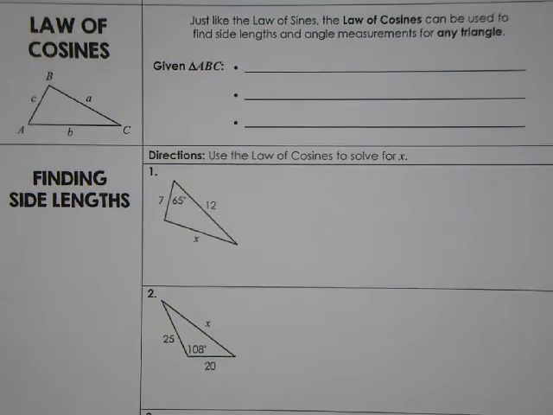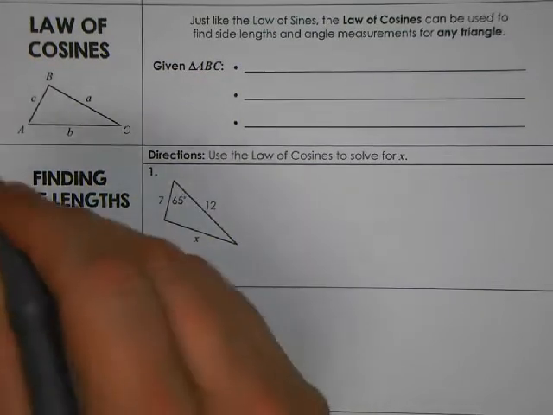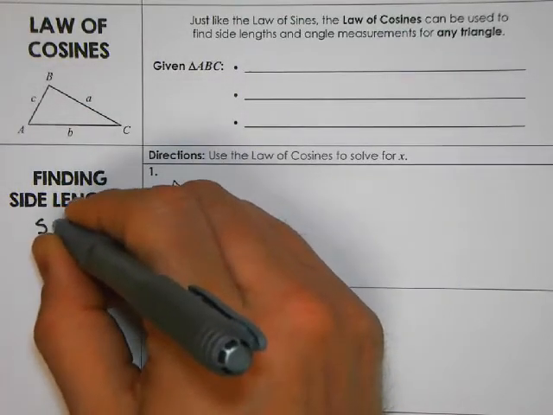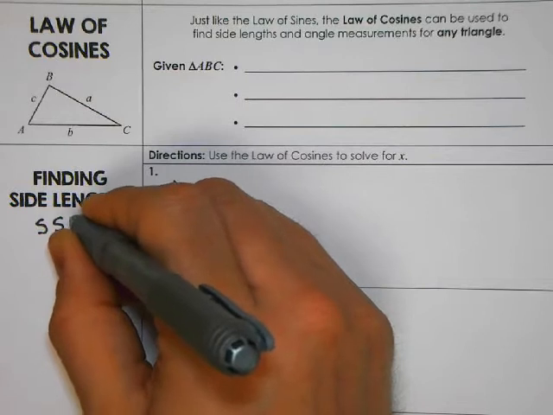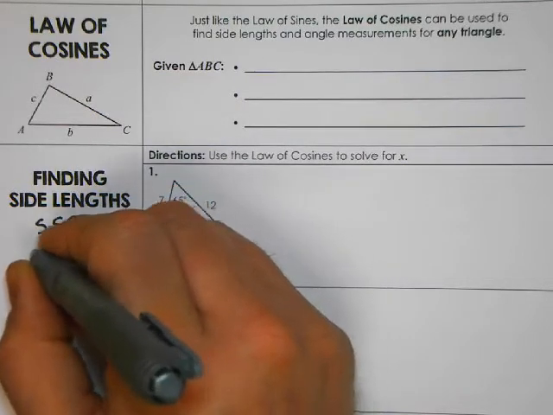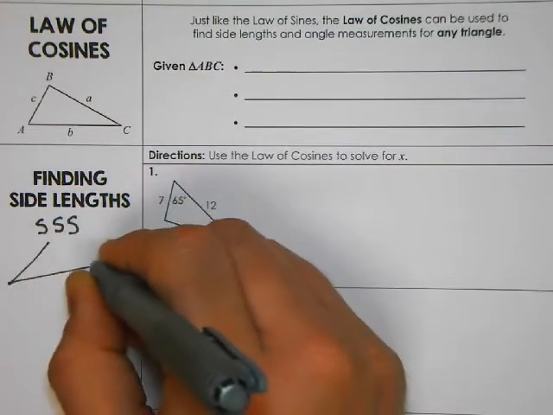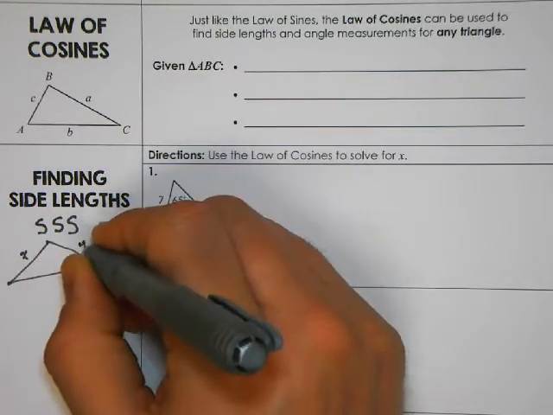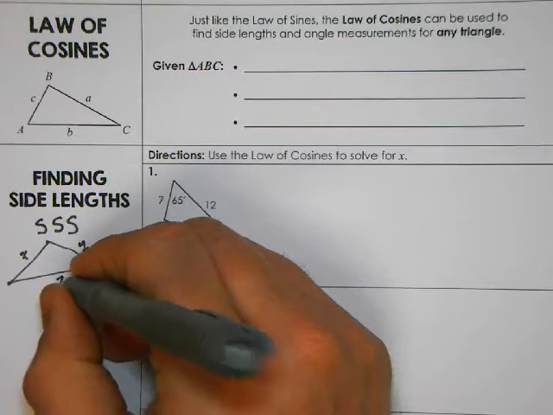Well, with the law of cosines, we can use the most obvious one of side-side-side, where they just give you some generic triangle, but they just happen to give you all three lengths of the sides.